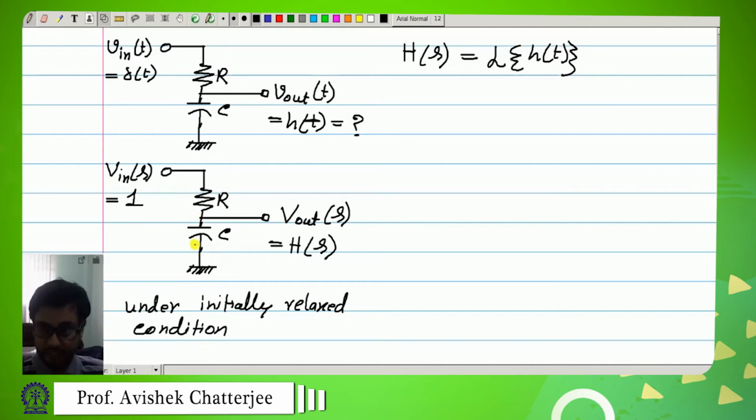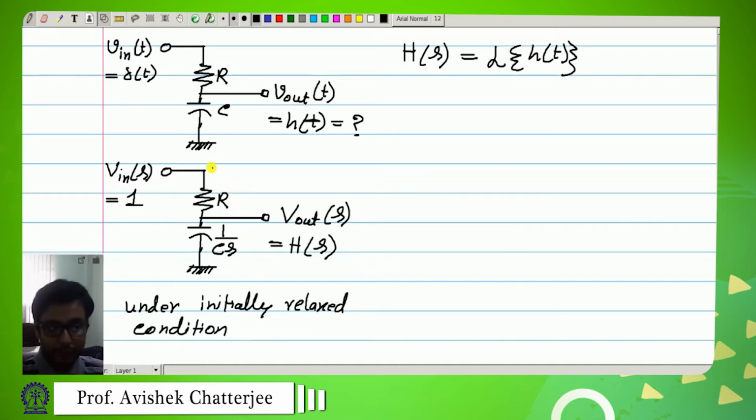So this capacitor voltage is 0 initially, and that means the capacitor had no stored charge previously, an uncharged capacitor, and therefore we can represent the impedance of this capacitor as 1 over Cs. This will be the ratio of the voltage across it and the current. Okay, and the S domain impedance of this resistance will be the same as R.